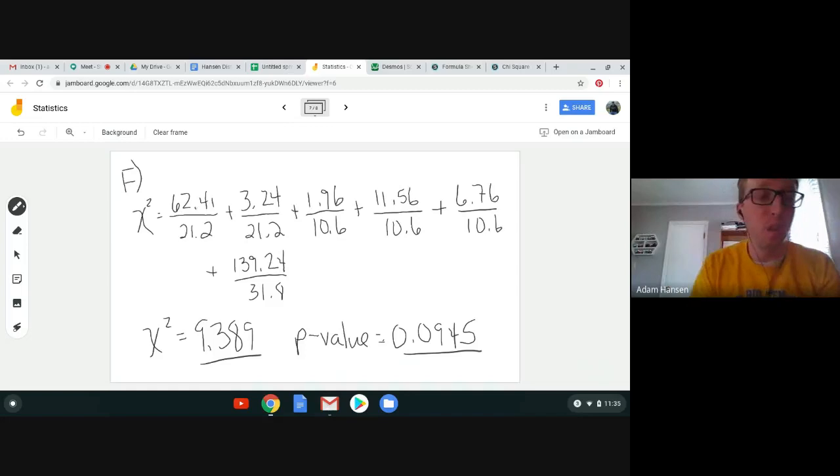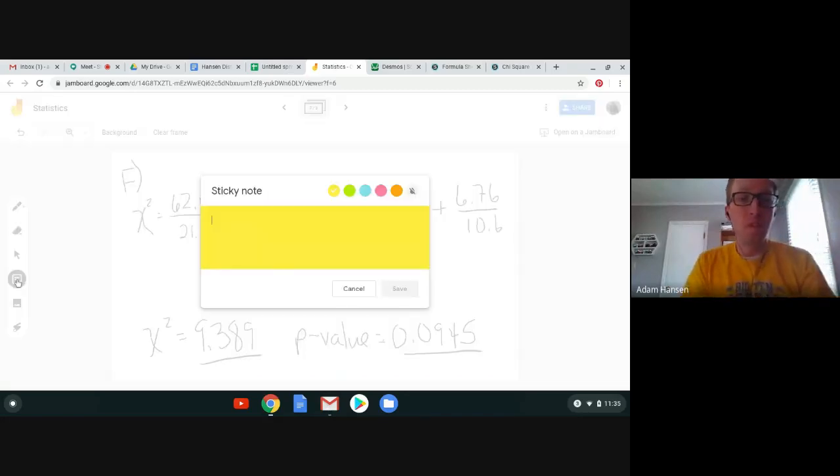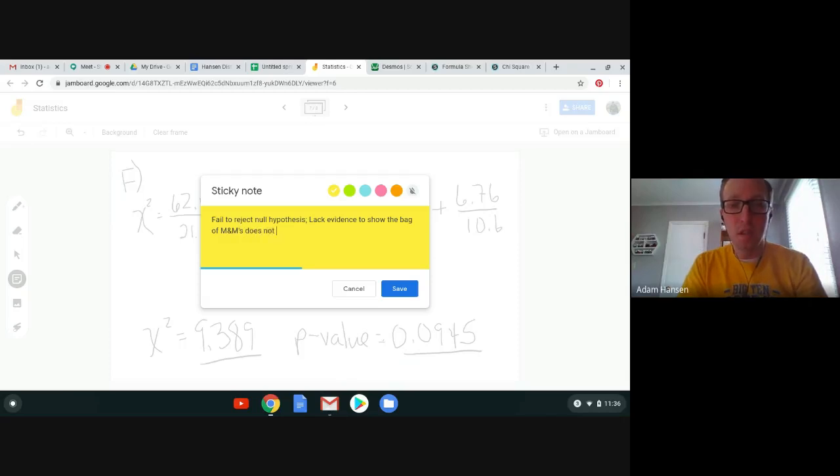So for our conclusion, we fail to reject. We lack evidence to show the bag of M&Ms does not fit the given distribution.